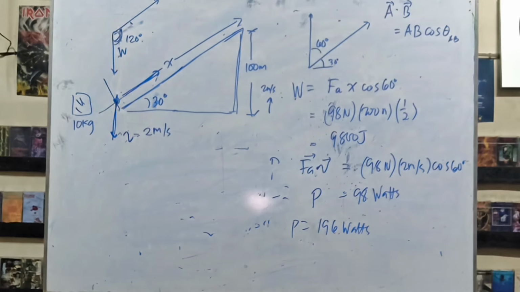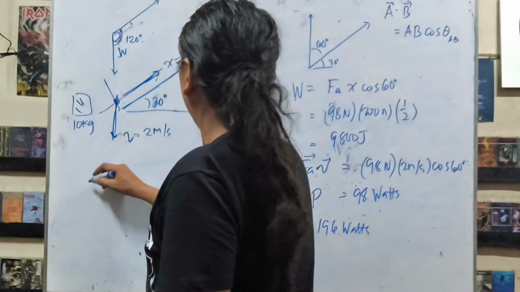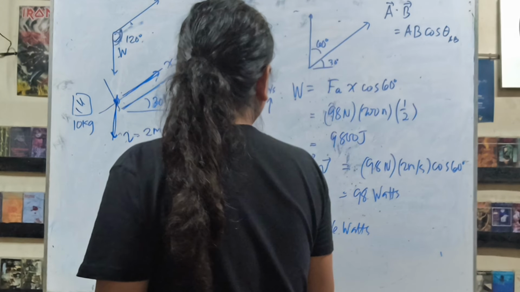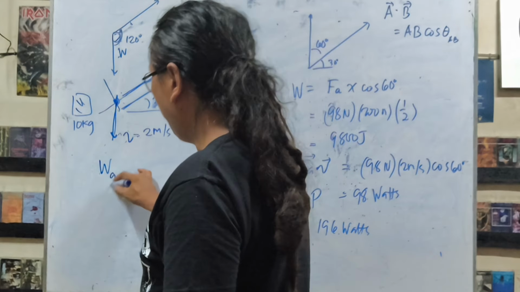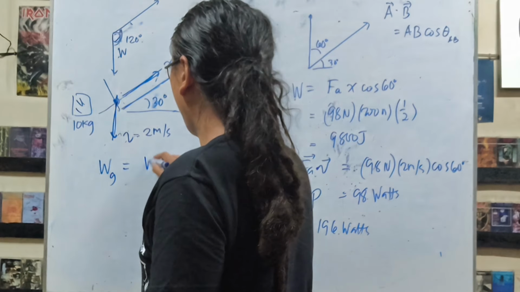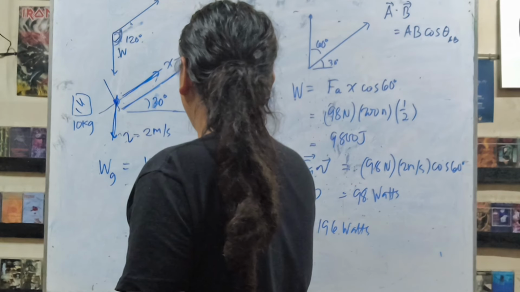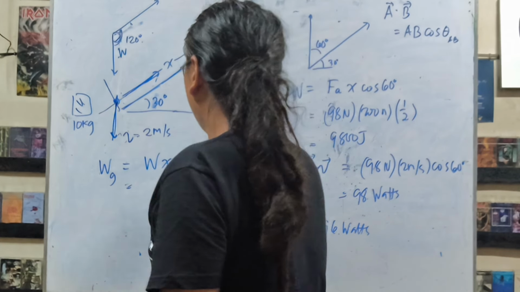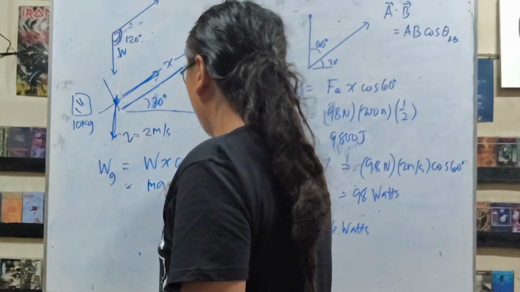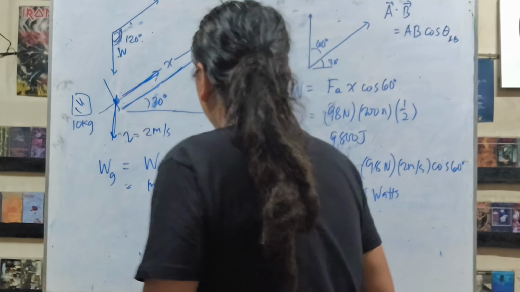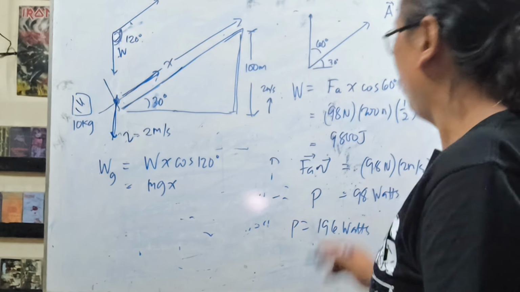And so the work done by the weight, the work done by gravity, is just the weight times x times cosine of 120 degrees. The weight is mg, and then x.